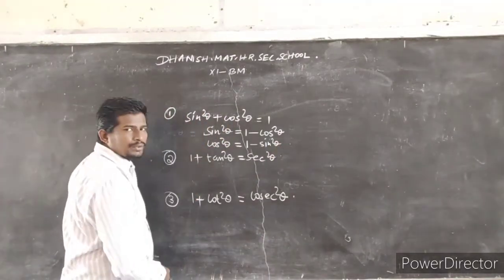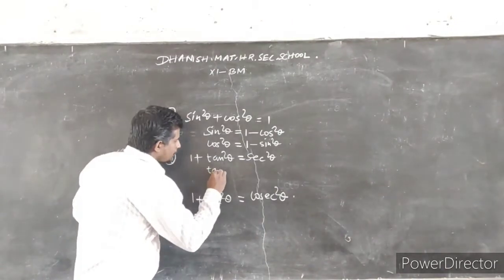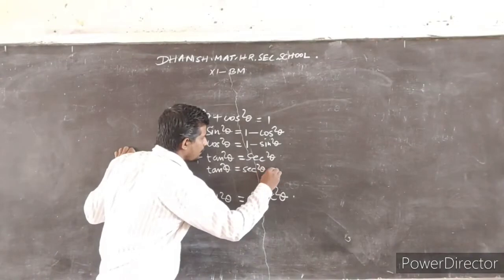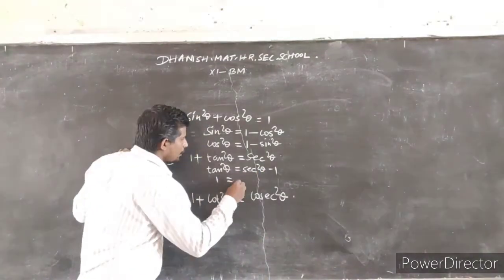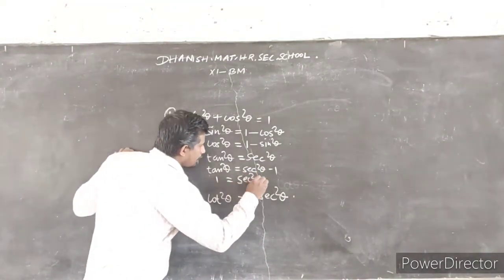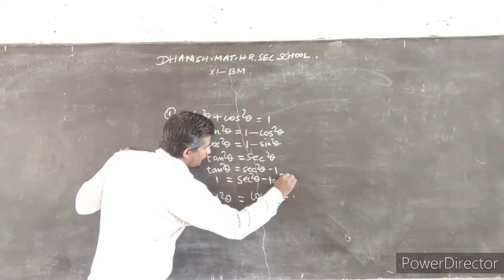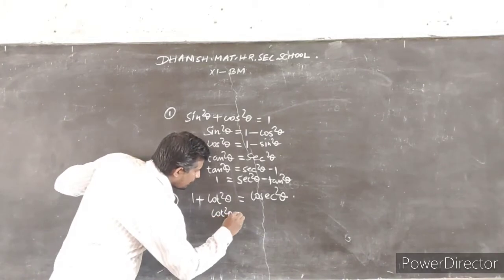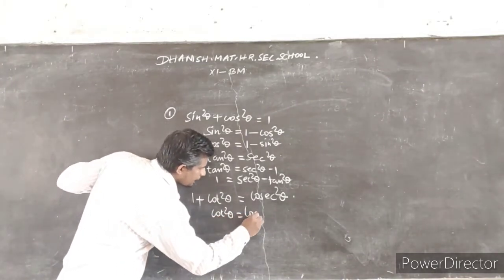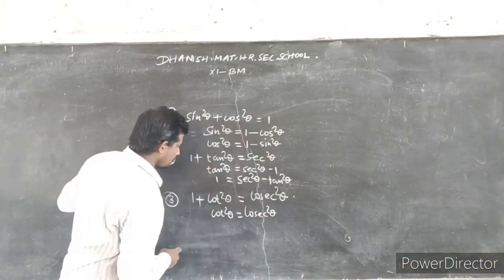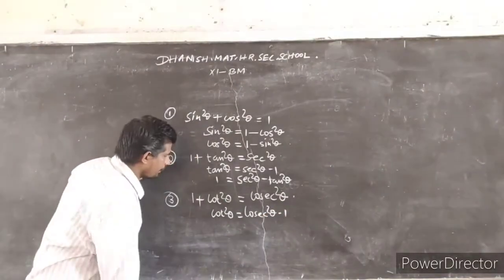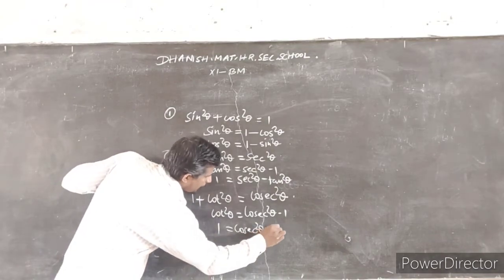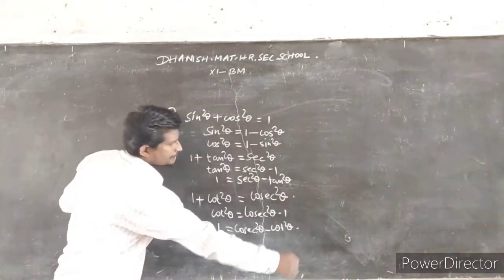From the second, tan square theta equal to secant square theta minus 1, and 1 equal to secant square theta minus tan square theta. From the third, cot square theta equal to cosecant square theta minus 1, and similarly 1 equal to cosecant square theta minus cot square theta.